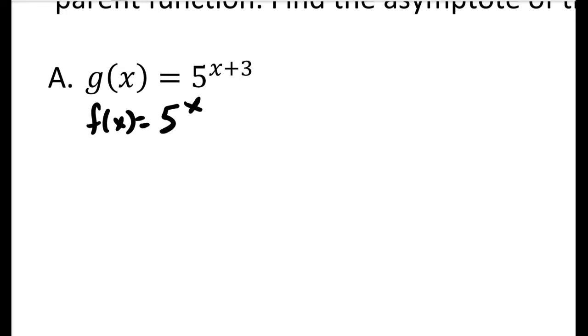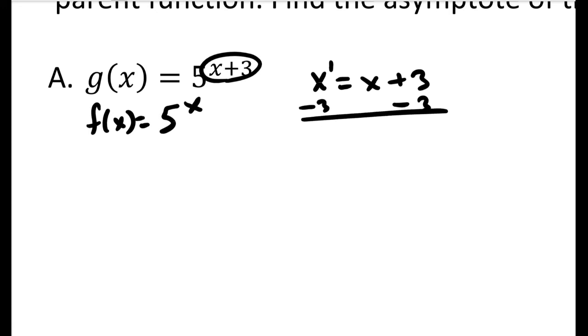Pretty simple. So now, what does the x plus 3 transformation do? Well, remember that in order to do the x prime transformation, we usually set the inside equal to x prime, and then solve that. The inside, in this case, is the exponent. So we set x plus 3 equal to x prime, and then we solve for x.